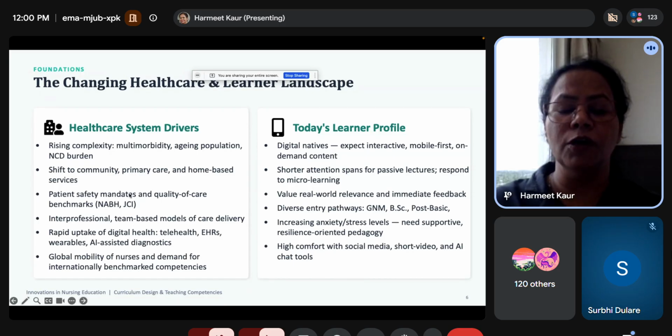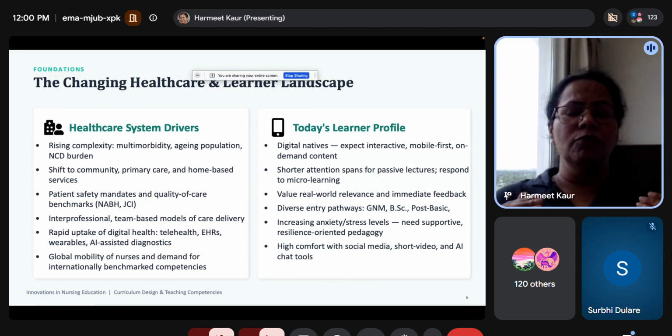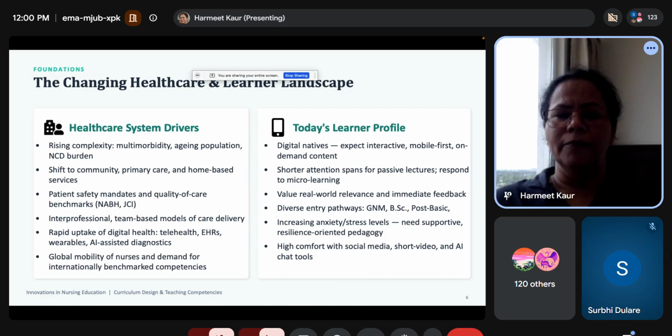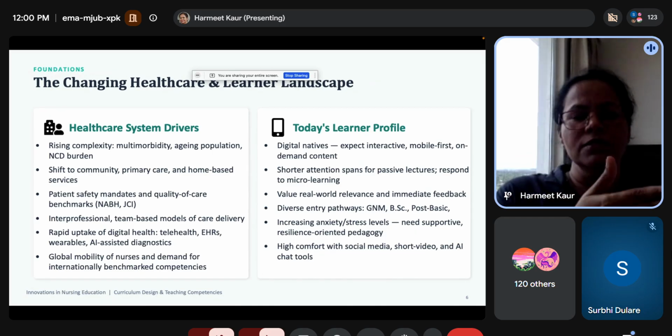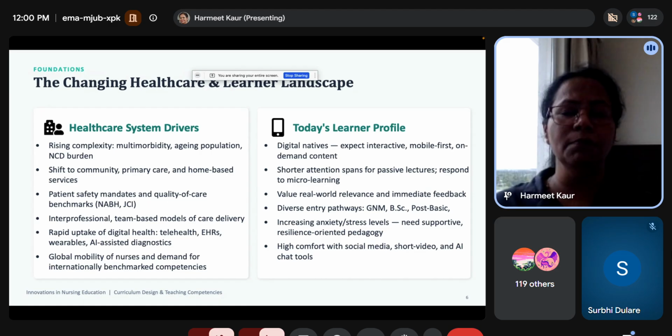Then the second thing is the shift to community primary care and home based care services. Whenever you go to social media, or whenever you open any kind of website, you see that now the shift is from tertiary care management to self care, particularly making people aware about the prevention of disease.